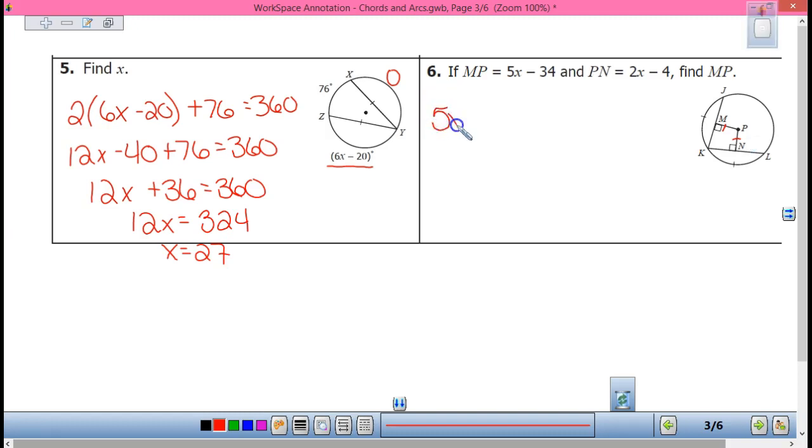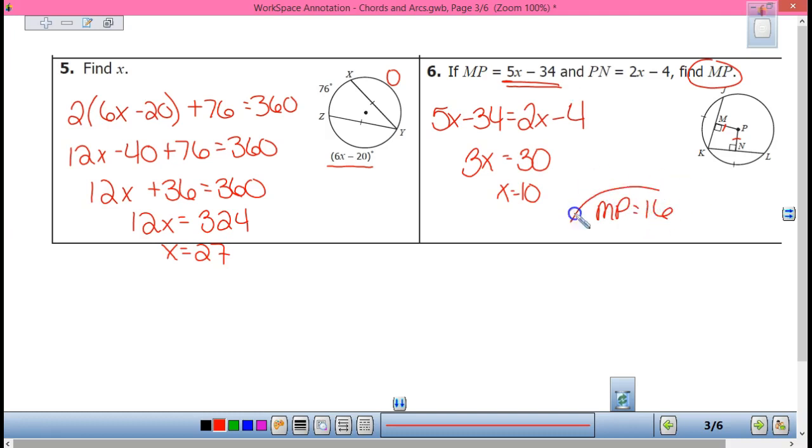So 5x minus 34 equals 2x minus 4. 3x equals 30. X equals 10. Questions how we got that? Okay, so is that what they're asking for, x? No. So we want MP, so we got to plug it in for MP. So 5 times 10 is 50 minus 34. So MP equals 16.